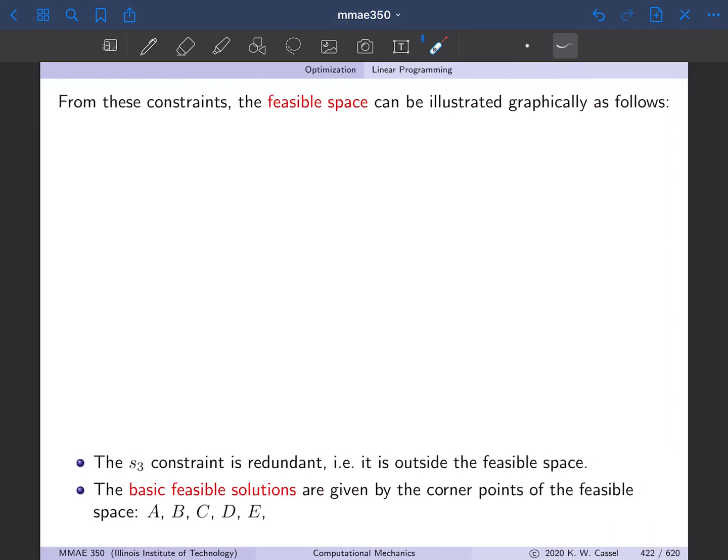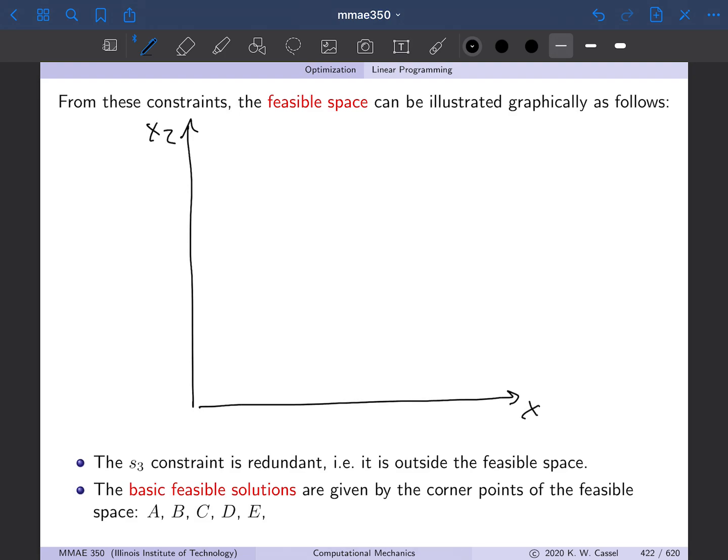vertices of our polygon. Okay, so let's draw this feasible space so we can see what this looks like. So this is going to be x2 versus x1. And the positivity constraints say that x1 has to be positive.